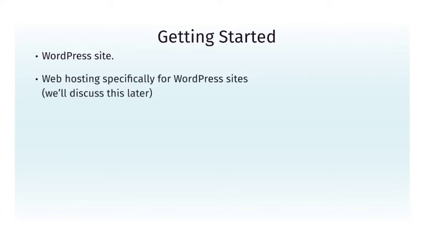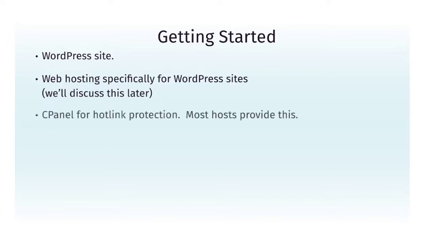All right, so before we move on to video number 2, let's talk about what you need to have in hand. Obviously, this is made for WordPress sites. You can take this information and the concepts that I'm giving you and apply them to a non-WordPress site, but I'm going to give you specifics in relation to WordPress. And of course, web hosting specifically for WordPress sites, we'll discuss this later, and you'll need to have a cPanel for hotlink protection.